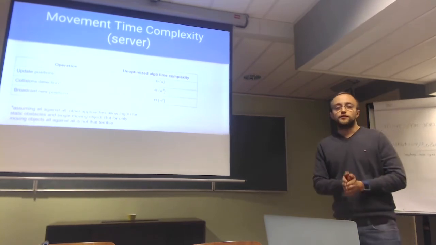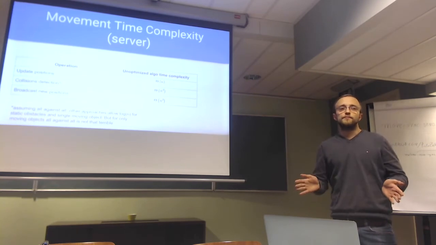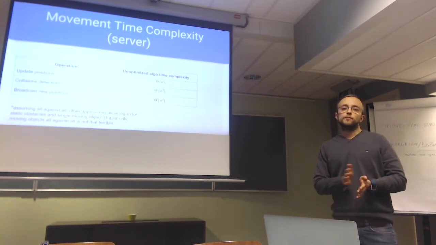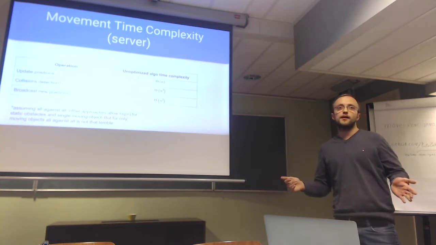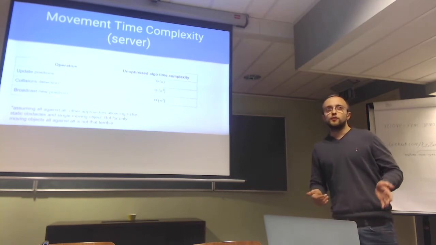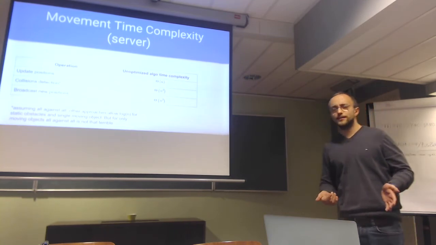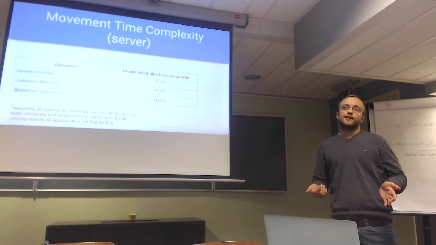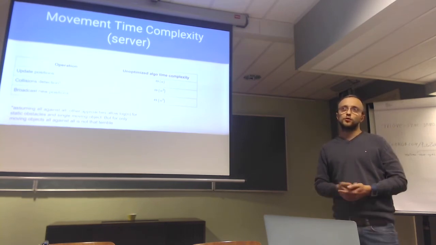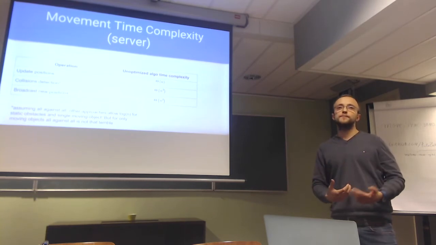So the more clients I have, all those operations will increase in cost with the number of players. And even worse, some of those computations are actually quite heavy, like collision detection. And even broadcasting the change itself can be quite cumbersome, depending on how many events you have to send. So there is a lot of optimization you have to do there.